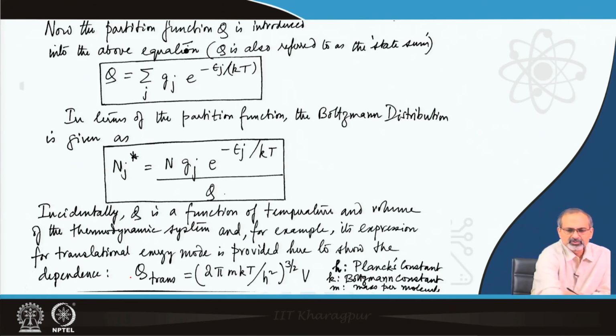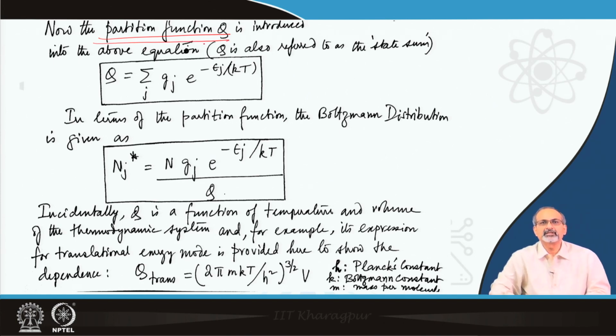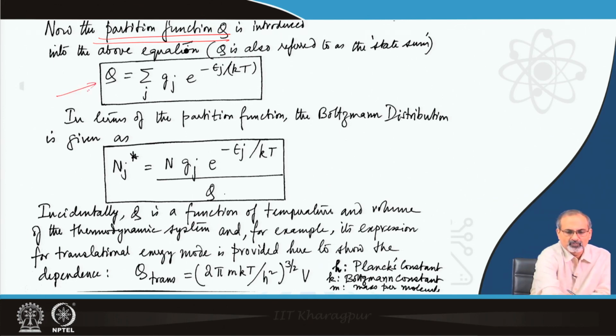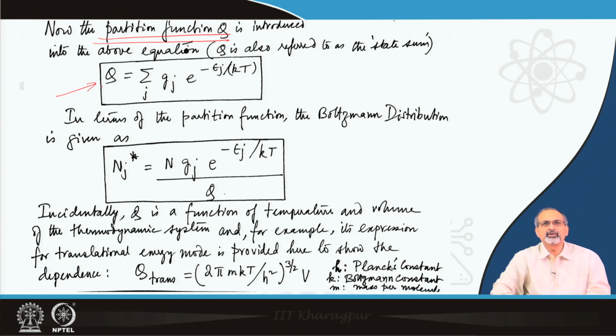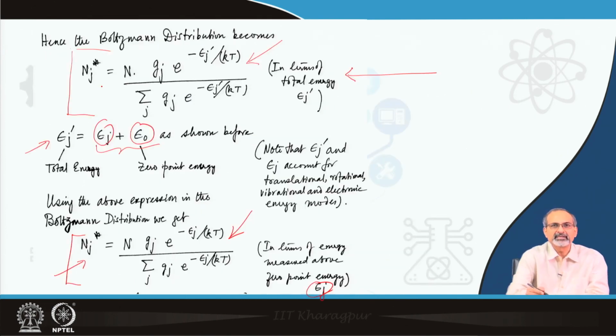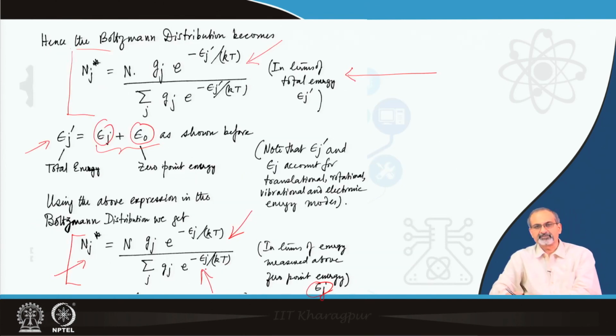We now introduce a function called the partition function Q. It is also called a state sum in some literature, and what is the partition function equal to? It is the summation of Gj e to the power of minus epsilon j by kT, and you remember having seen it in the denominator here for the Nj star expression.